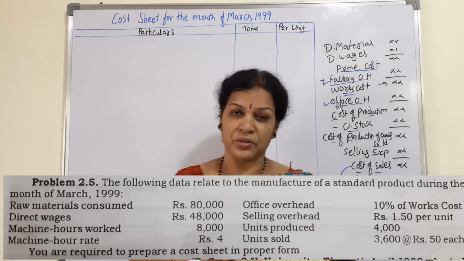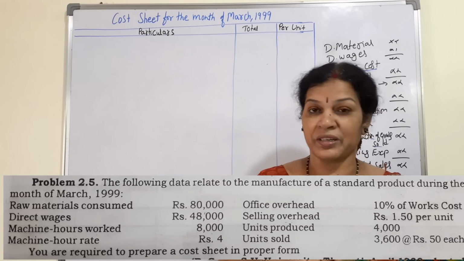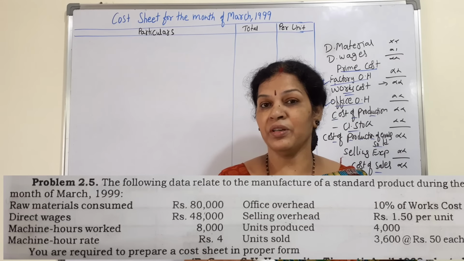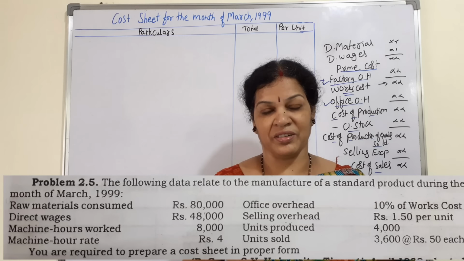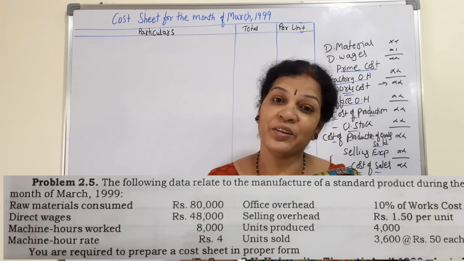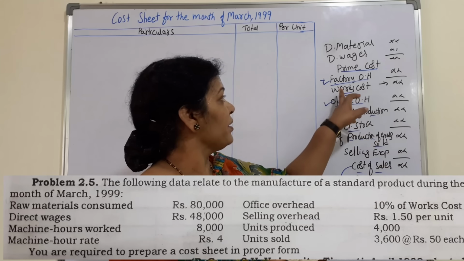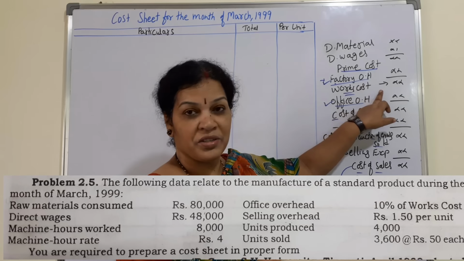How do you get this value? Machine hours worked are 8000 hours, the per hour rate is 4. 8000 into 4 comes to the machine hour cost. That is nothing but factory cost only. Once you get factory cost, you will get the works cost.